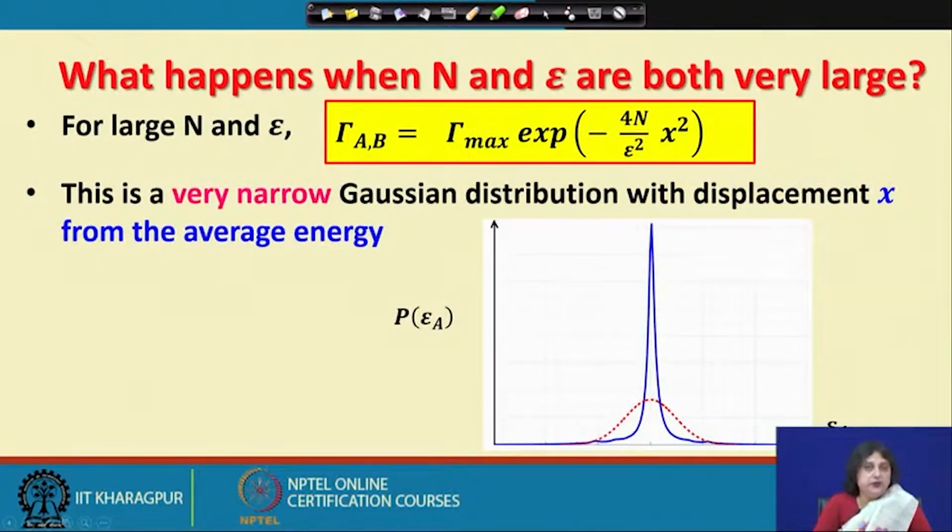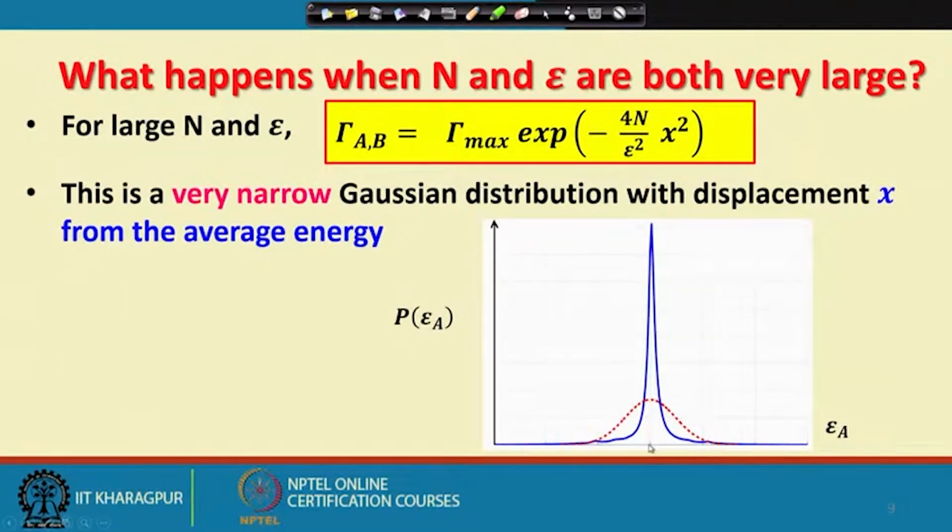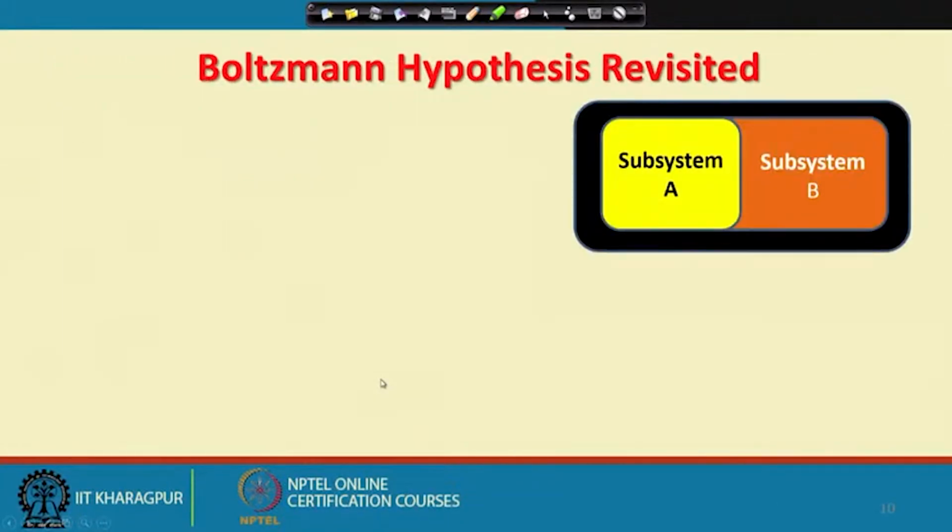The number of possible values of epsilon A is going to be a very wide range, and we have already seen that the probability peaks around some value depending on the kind of system that you have, and the probability of being in a state characterized by some value of epsilon A much different from this peak position is vanishingly small. So, what are we concluding from here? We are concluding that that is exactly what is to be expected from the Boltzmann hypothesis.